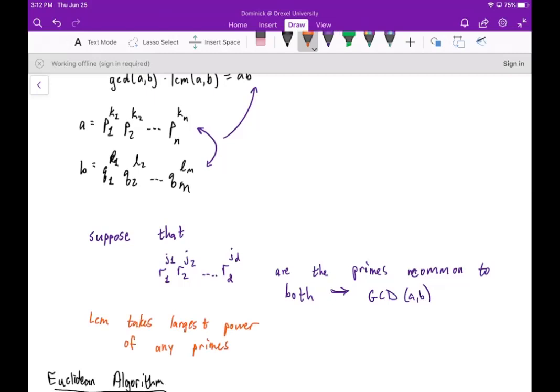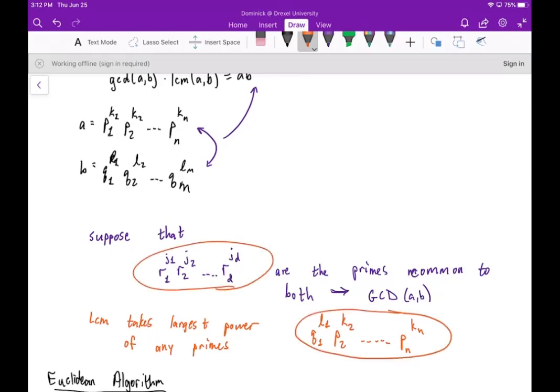Right, so for example, we might take Q1 to the L1, then P2 to the K2, and so on and so forth, and the last one might be Pn to the Kn or something, right? But now when I multiply these together, I'm getting everything that I missed in the GCD part, right?